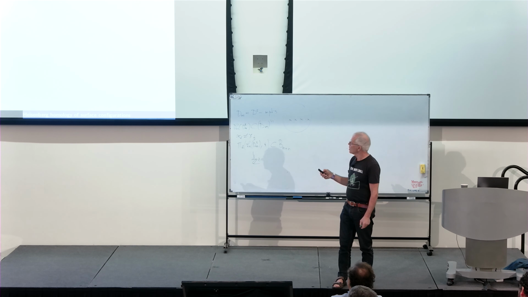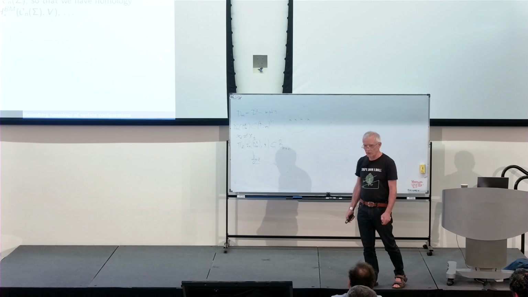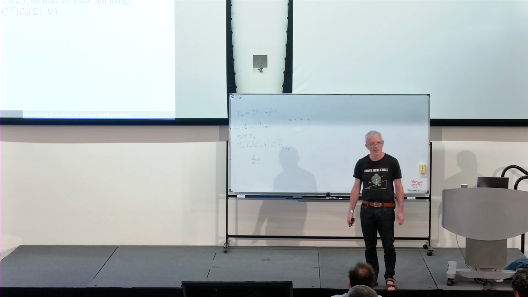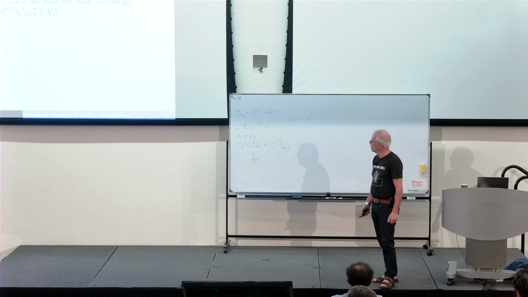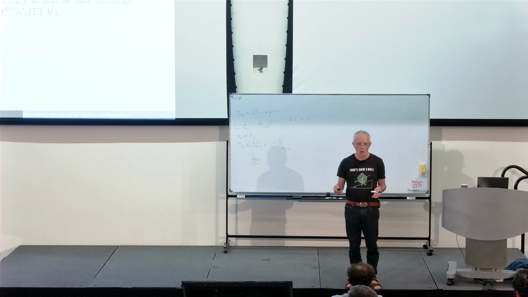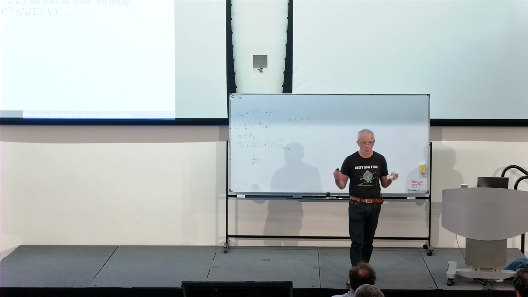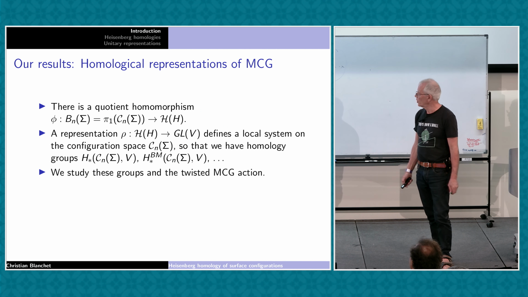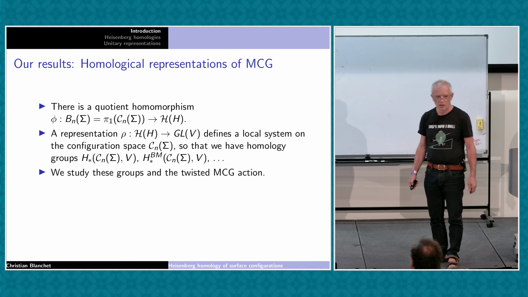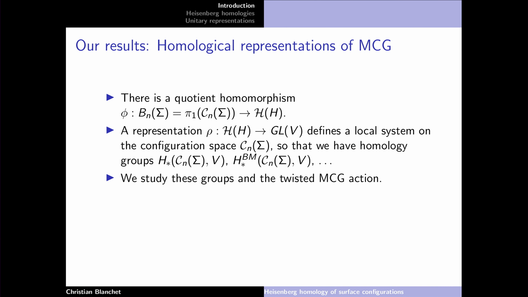If we take a representation of the Heisenberg group, and we know some nice ones, then we also have a representation of pi1 of configuration, and this will give you a local system, hence a homology theory. The question is, can we study this group and the corresponding possible mapping class group action? On the nose, it will be a twisted representation, for a reason I will explain.